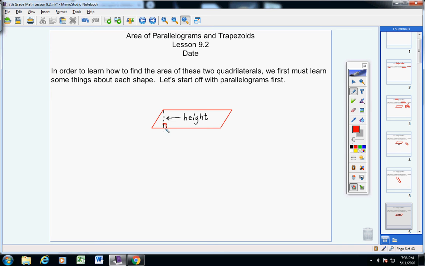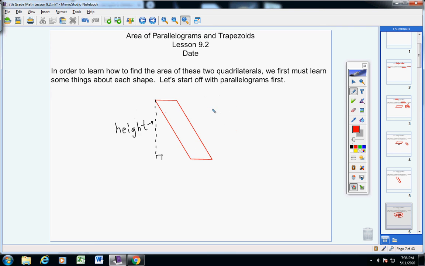Like that. So if the parallelogram was turned this way, like this here, then this side here would be your base, and this length right here would be your height. Now, guys, hold on a second.